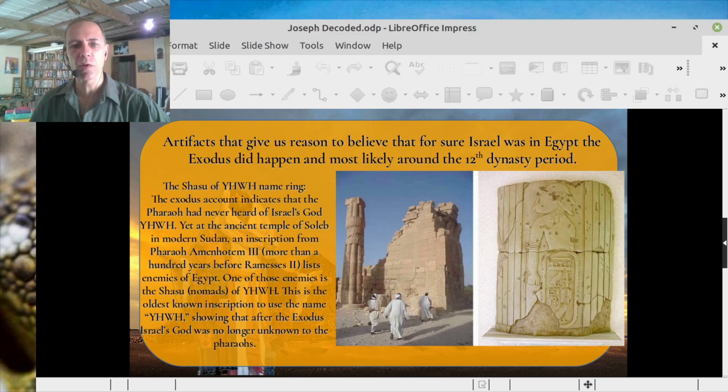This is the oldest known inscription to use the name Yahweh, showing that after the Exodus, Israel's God was no longer unknown to the pharaohs. And so on this statue, one of Egypt's listed enemies are the nomads of Yahweh. And that's just interesting. They recognized both of those pieces of information.